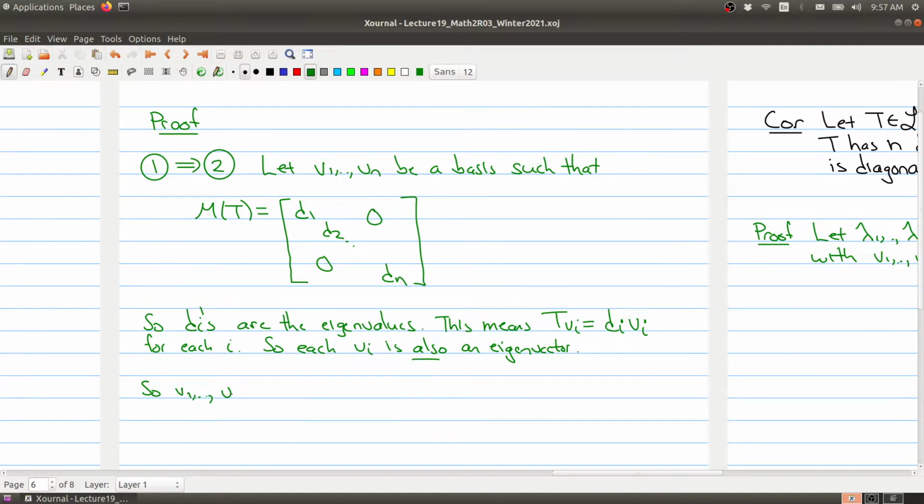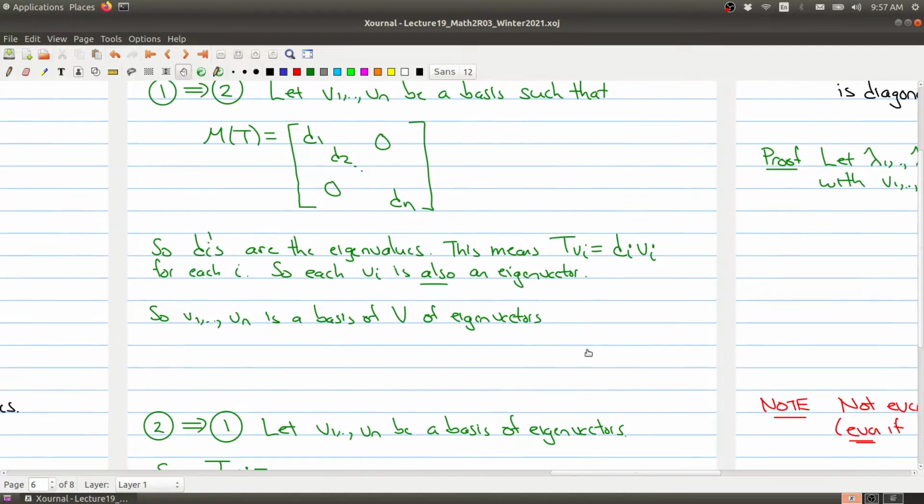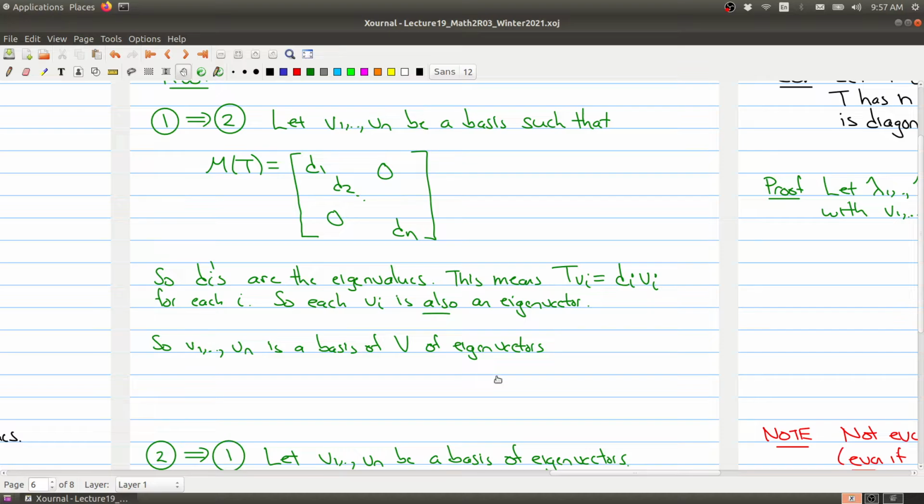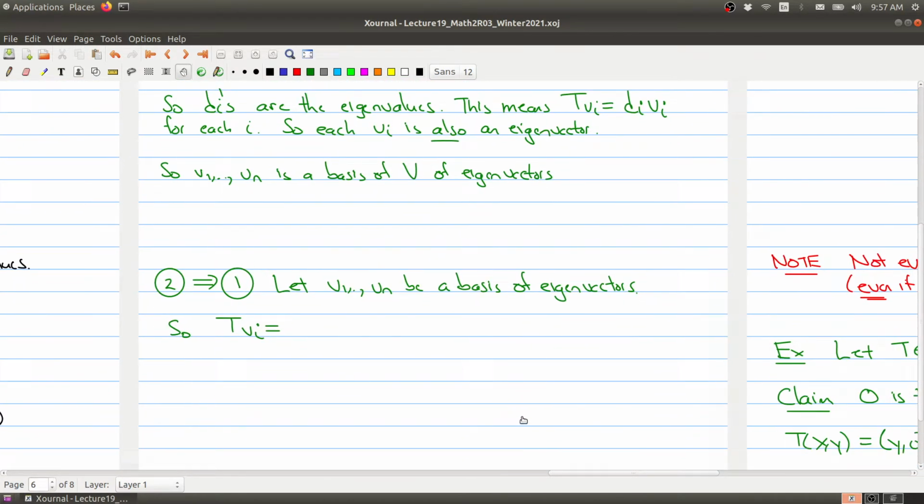So v1 through vn is a basis of V of eigenvectors, which is what we wanted to prove, that the vector space would have a basis of eigenvectors. So that proves the statement 1 implies 2.